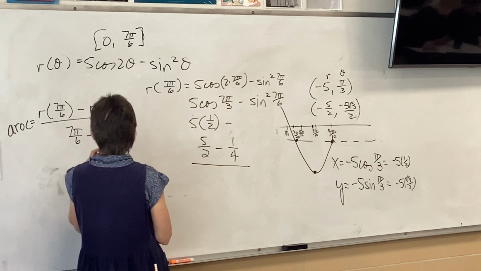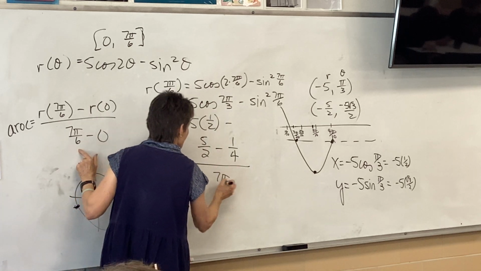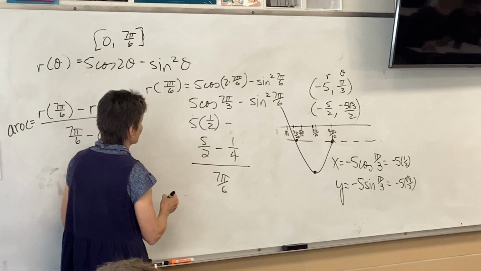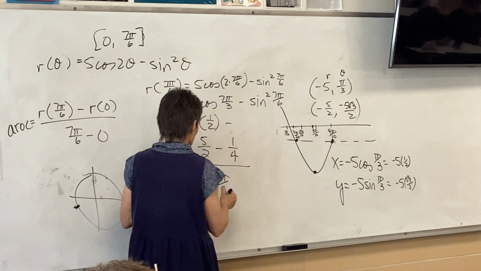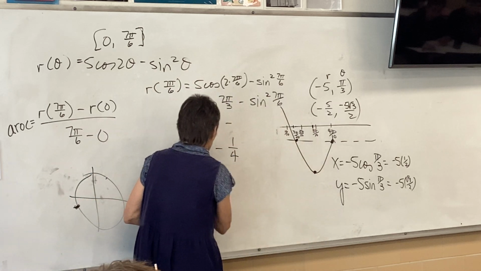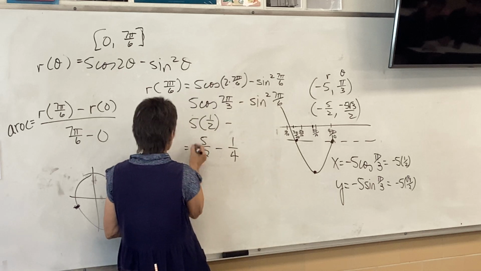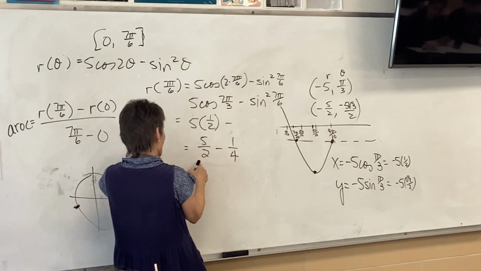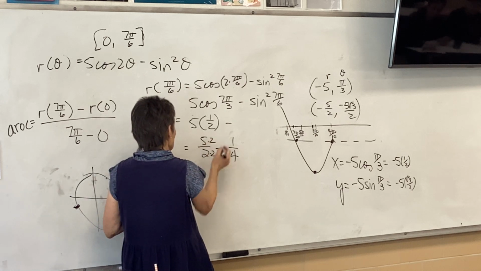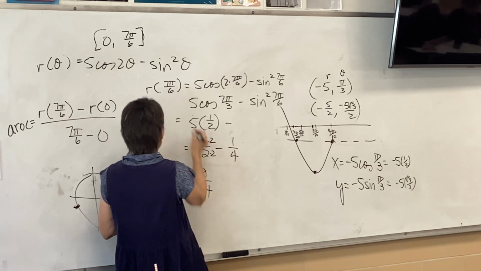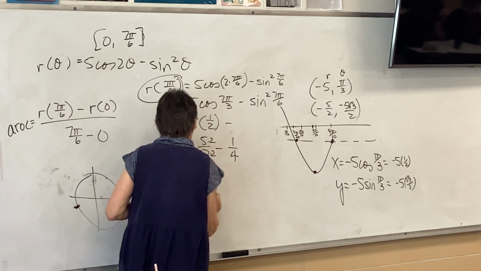Oh wait, I'm not done. That's only the first part, never mind. I'm still doing just this. What's 5/2 minus 1/4? 9/4. All right, so this guy right here is 9/4.